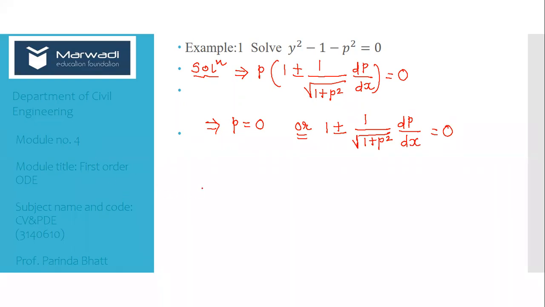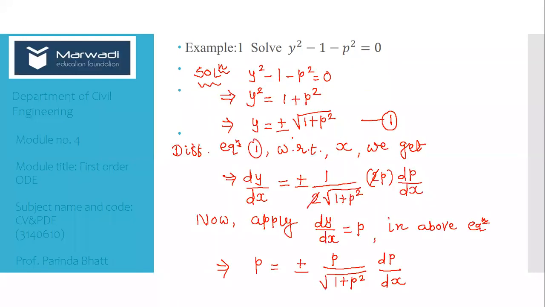Okay. Now substitute p equal to 0 in equation number 1. Yes, this is our equation number 1. Here we have to apply p equal to 0 because we are getting the value of the p. We are putting it over here, that's why we are getting the value of the y.